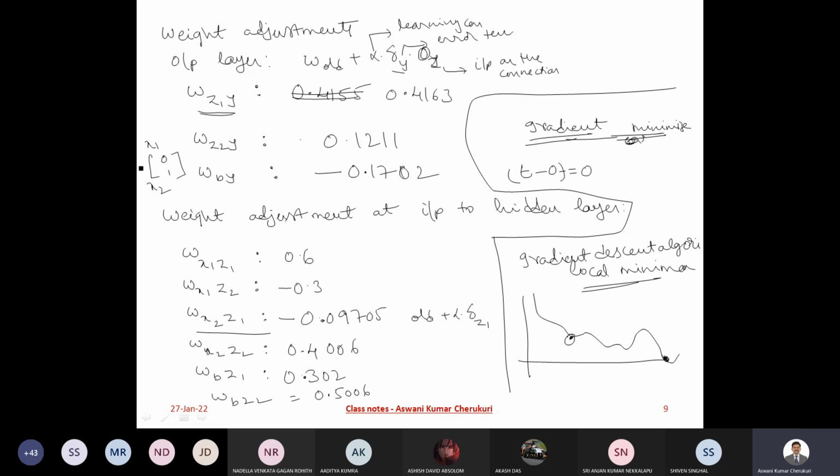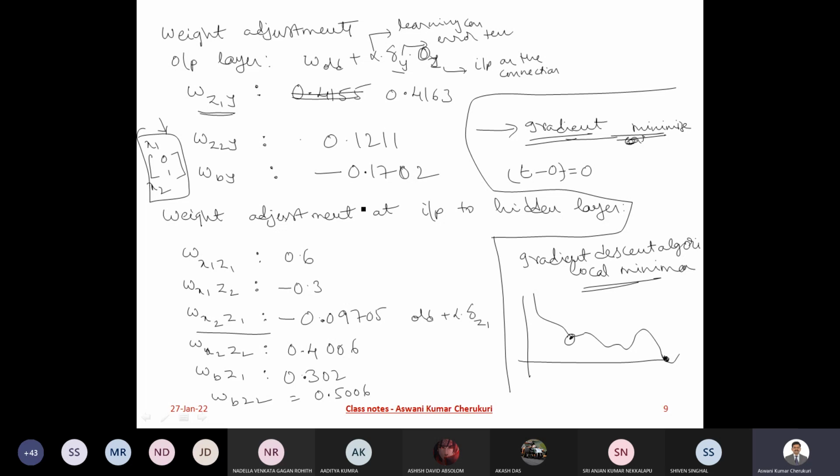You present the input, 0, 1, and initially you have taken some random initial weight values. Then you present the input and calculate the activation. Once you have calculated the activation, you go for calculation of the gradient. When you calculate the gradient, you are trying to know the error part, and then you try to minimize it.